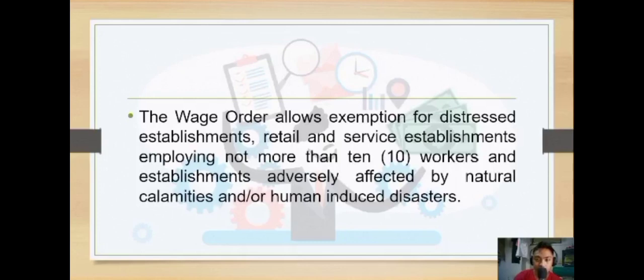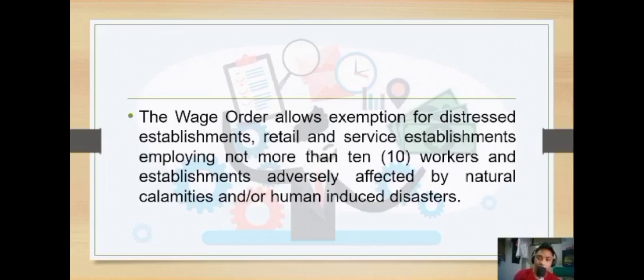So the wage order allows exemption for distressed establishments, retail and service establishments employing not more than 10 workers, and establishments adversely affected by natural calamities or human-induced disasters.